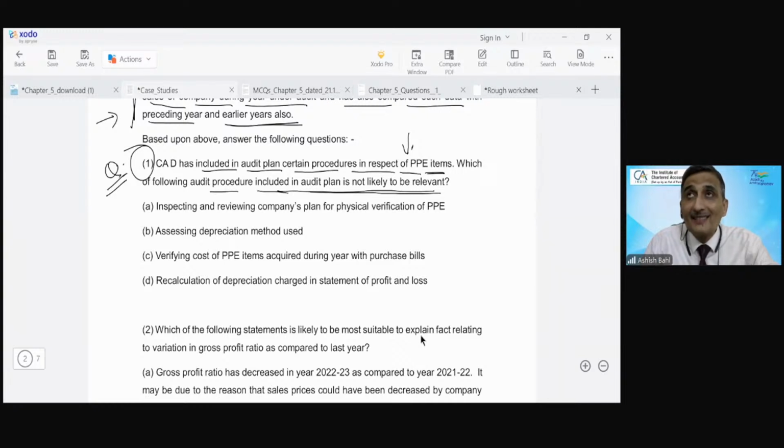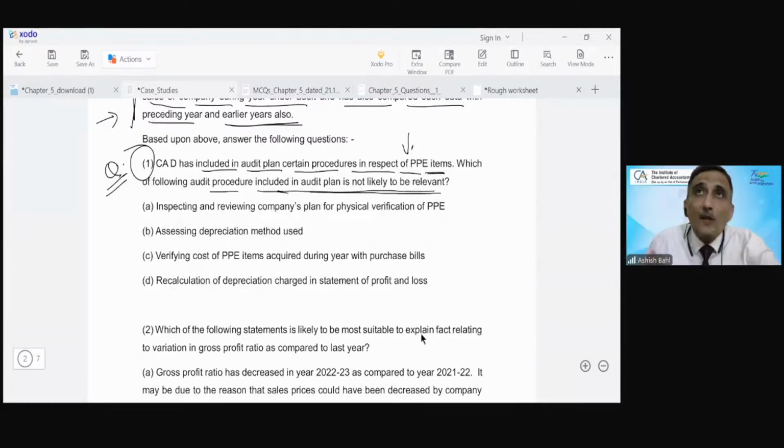The question is asking which of the following is not a relevant audit procedure. You want to verify PPE items. You have planned certain procedures. In this case, based upon the data and description given, you are answering a case study.